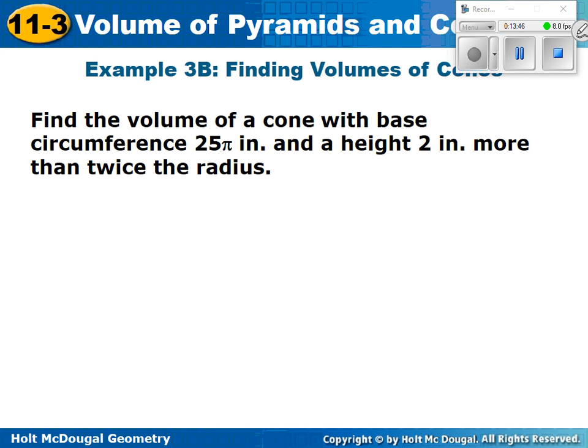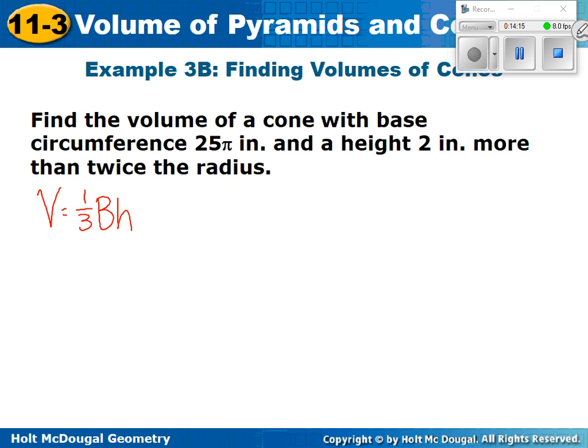All right. Volume of a cone. What's my formula? 1/3 BH. All right. What are they giving me when they give me the base circumference? Careful. Very good, Martin. If they're giving me the base circumference, which is the perimeter of the base, right?